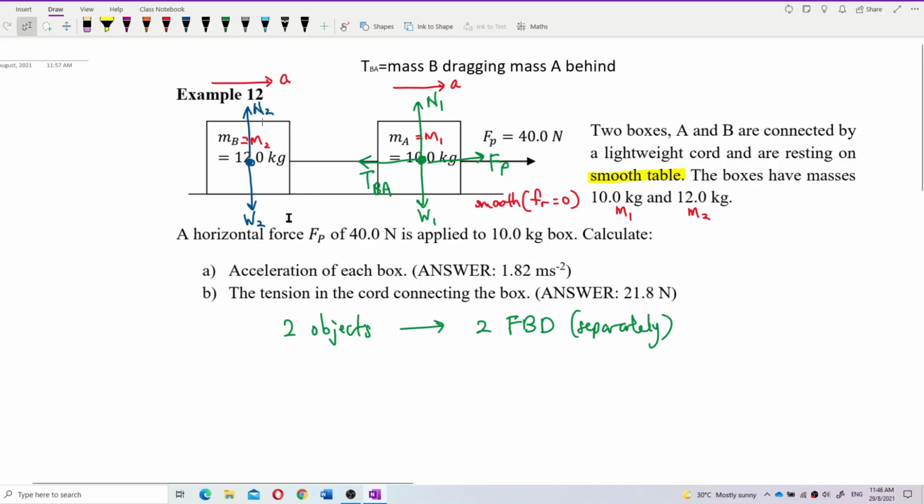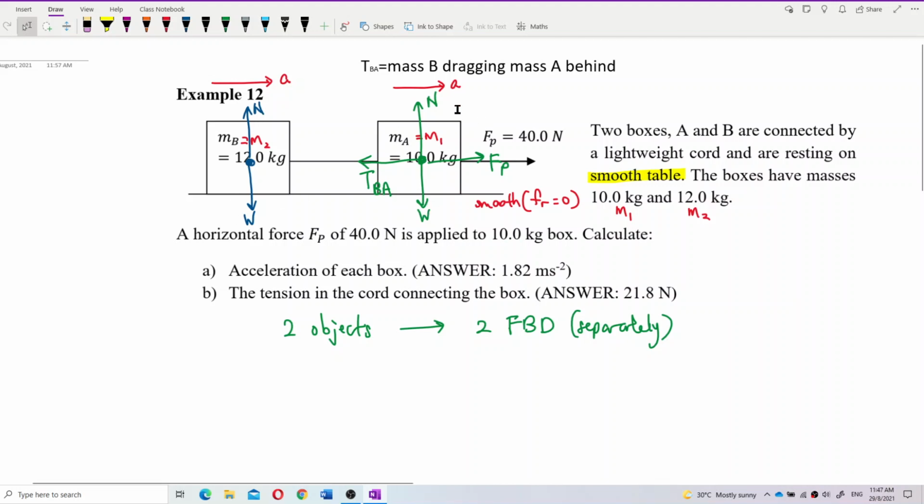Remember, you should put W1, W2, normal force 1, normal force 2. Don't put normal force only without the subscript. Don't write W and N without the subscript, because they have different weights.